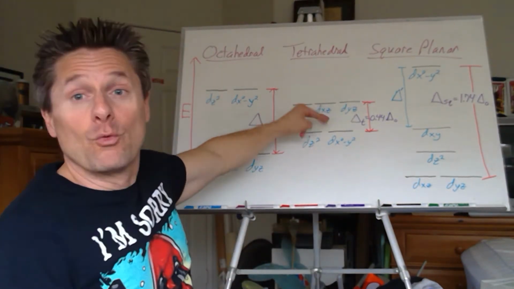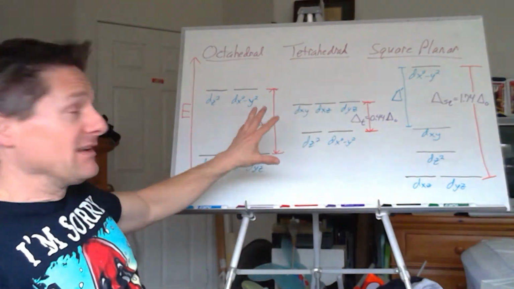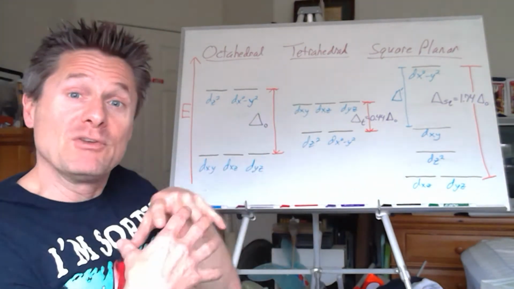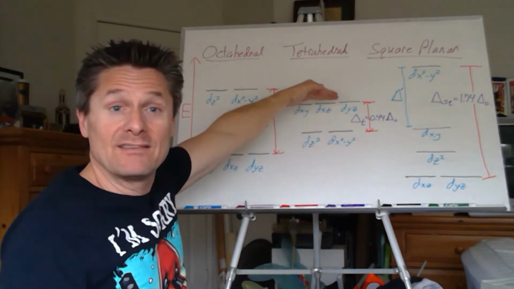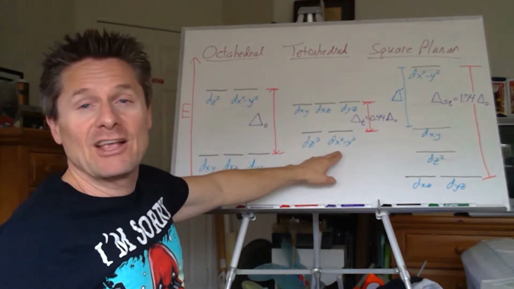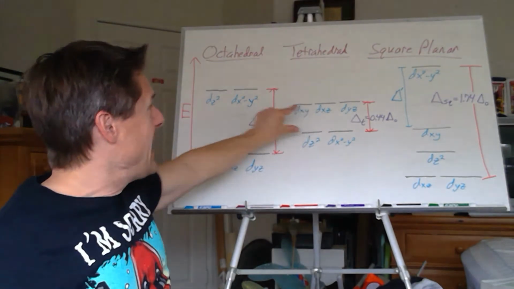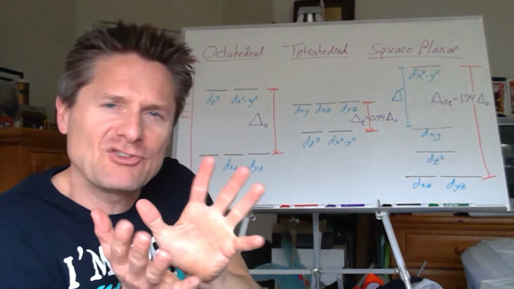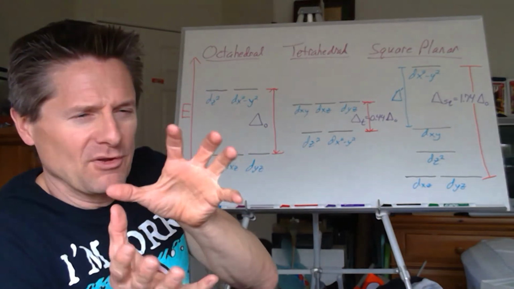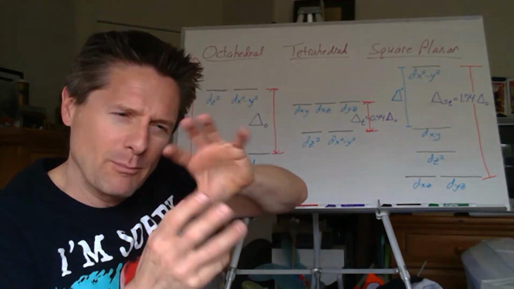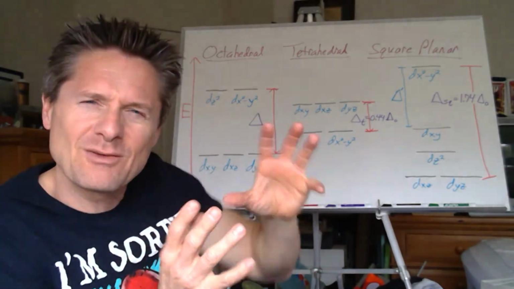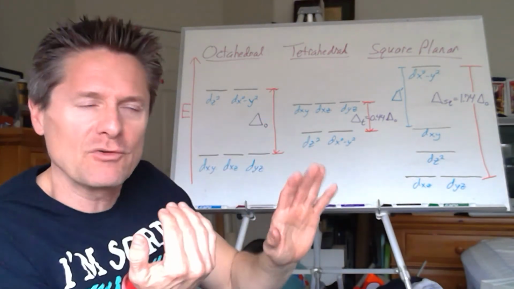Tetrahedral, you get the reverse, right? Because with the tetrahedral, there's more repulsion in between the axes than along the axes. So the dxy, dxz, dyz go up. The dz squared, dx squared minus y squared go down a little bit, but not nearly as much, because in the tetrahedral, the ligands come in between the axes in most of the d-orbitals, but along the axes sort of on one, so it's not quite as distinct as the octahedral and square planar.